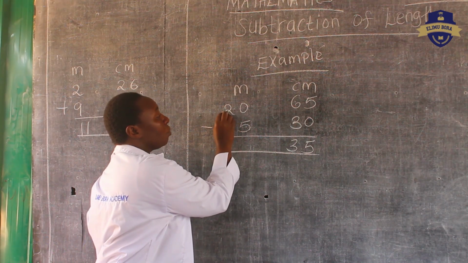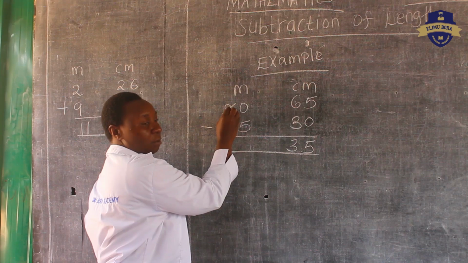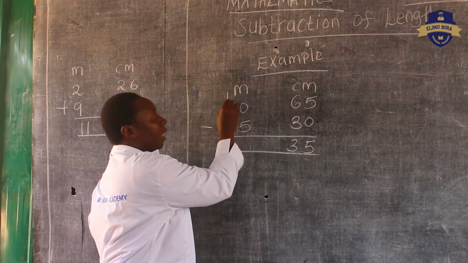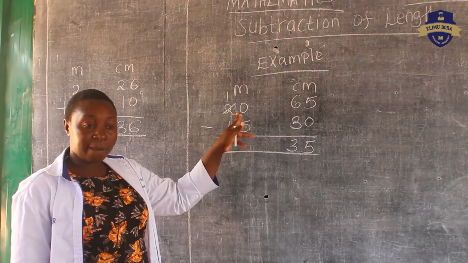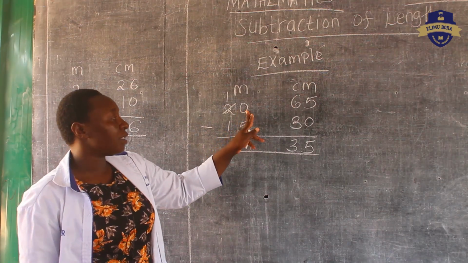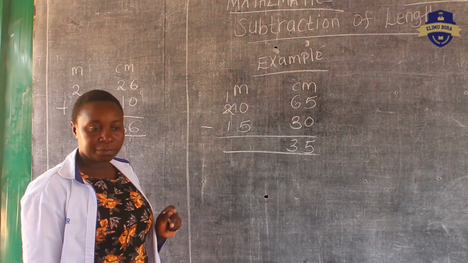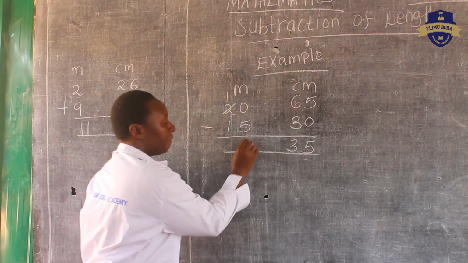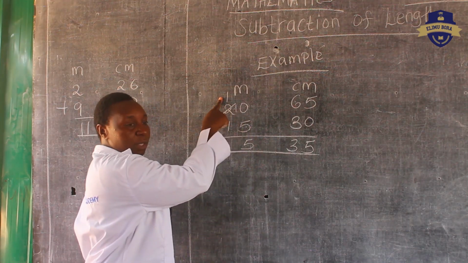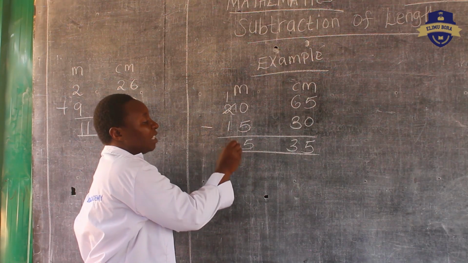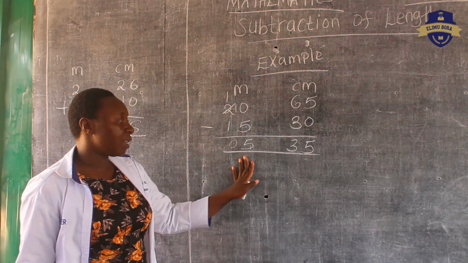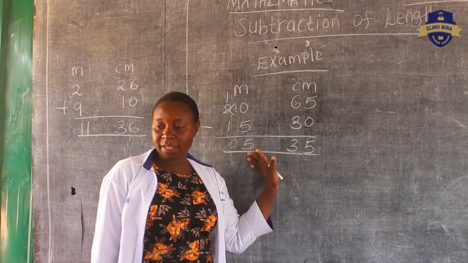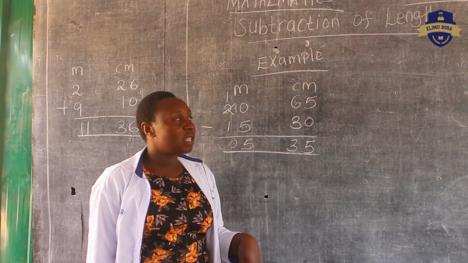You borrow 1 from 2. When you borrow 1 from 2, you remain with the 1. Then that 1, you bring it here to make it a 10. Then you say 10 take away 5. What do you get? 5. We remained with 1. 1 take away 1 is 0. You can write a 0 or you just leave it like that. Then our answer is 5 meters and 35 centimeters.